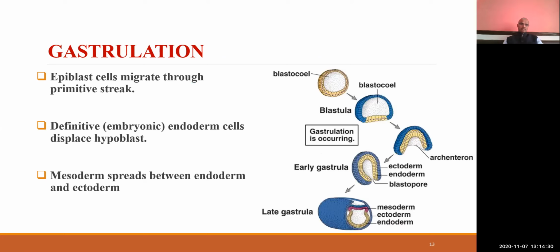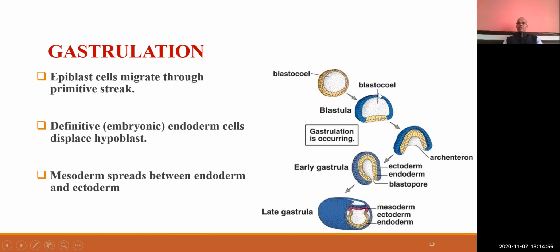Next is gastrulation. In gastrulation, the epiblast cells migrate through the primitive streak, and definitive or embryonic endoderm cells displace the hypoblast, and mesoderm is split between the endoderm and ectoderm. These are the various stages of gastrulation.